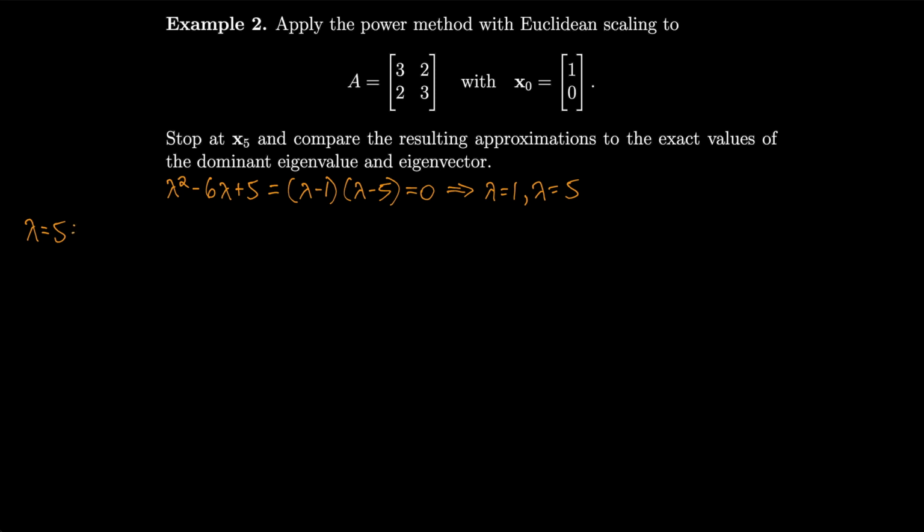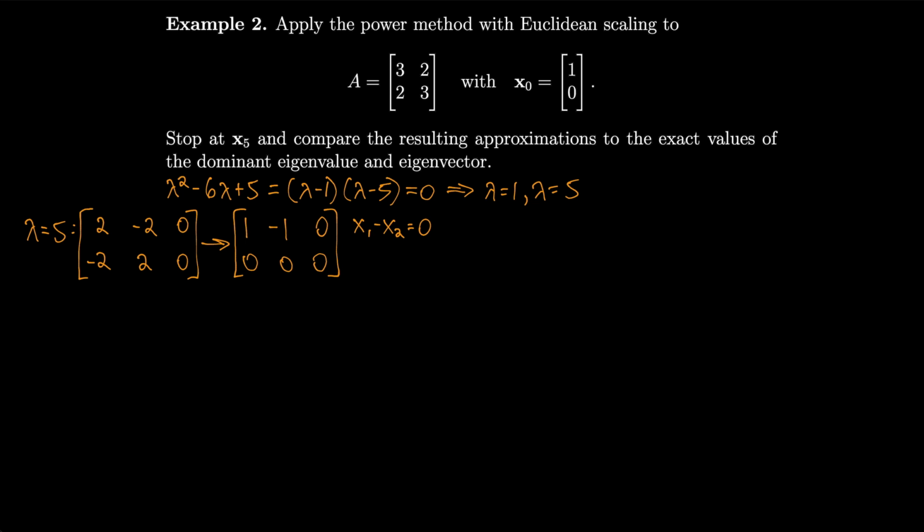Plugging in lambda and setting the system equal to 0 allows us to figure out what the eigenvector will be, and reducing this to row echelon form gives us 1, minus 1, 0, and all zeros on the bottom. So that gives us a top equation of x1 minus x2 equals 0.